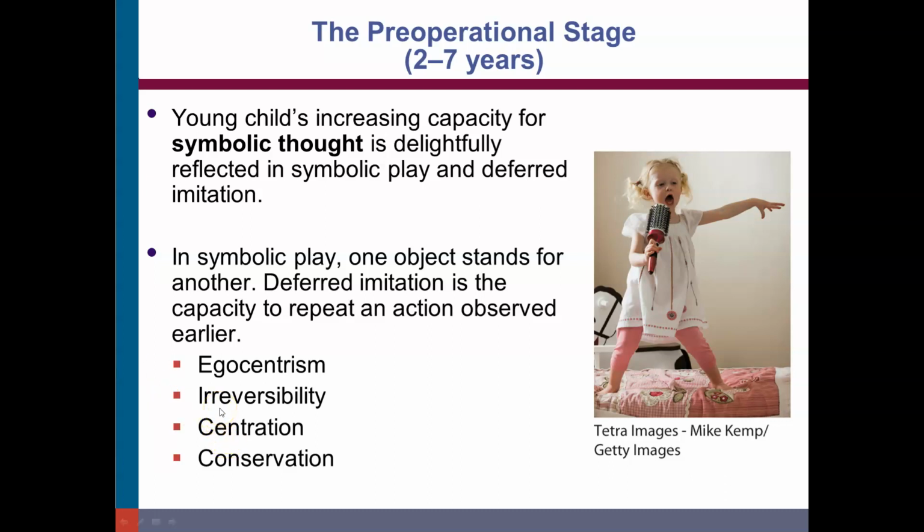Now, a couple of these terms here I thought I would just very, very briefly make you acquainted with. Irreversibility, that's the term that refers to the child's thoughts that things are always going to stay the same. It's irreversible.